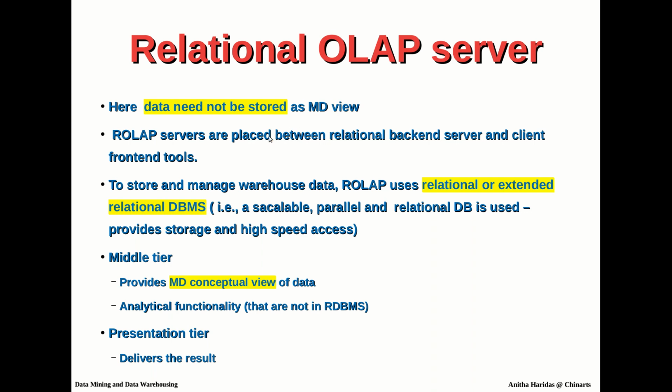So the data will be stored as in the case of relational database management system itself, and these servers are placed between the relational backend server and the client front-end tools. When I say relational backend servers, these are the backend servers that store the database management system in the relational data model, and you will have lots of client or analytical tools as the front-end tools.